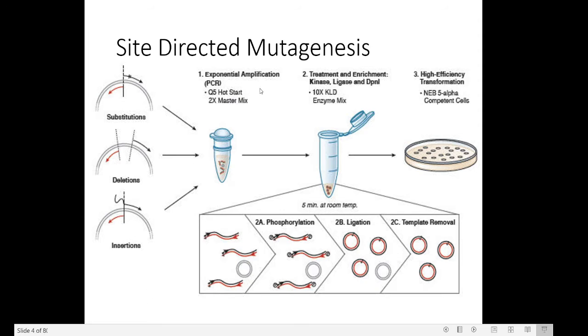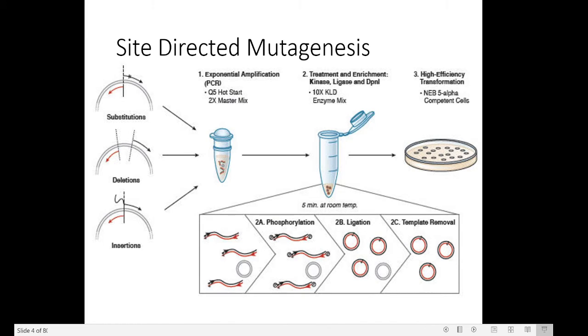Here they have three different steps. First, after this mutation experiment, we want to amplify. With a small quantity, we are not able to do the experiment, and that is not usable for future publication.